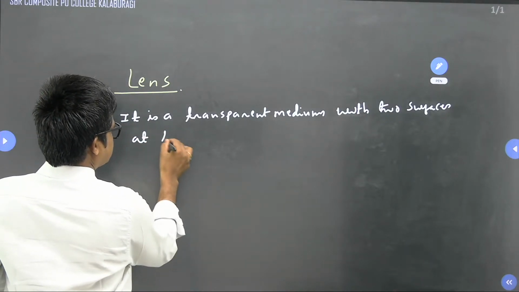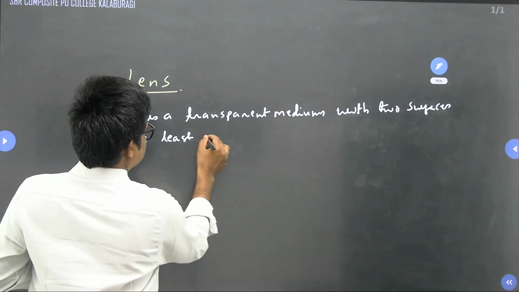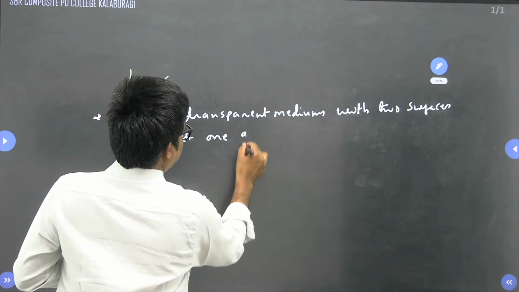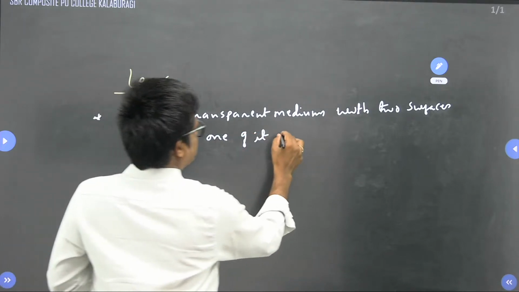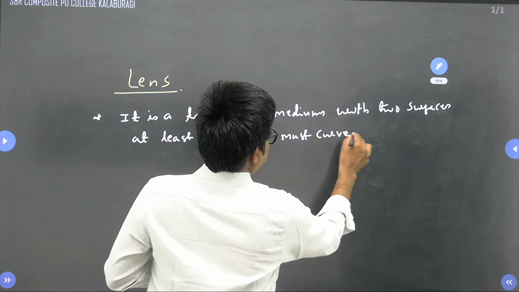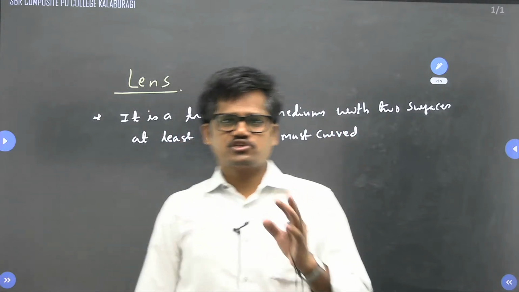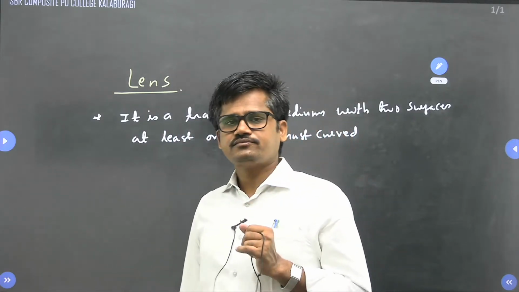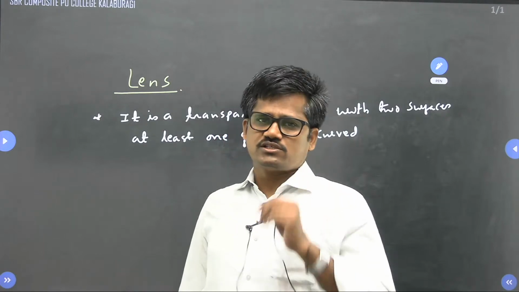At least one of them must be curved. Right or not? Actually, we divide lenses into two kinds.